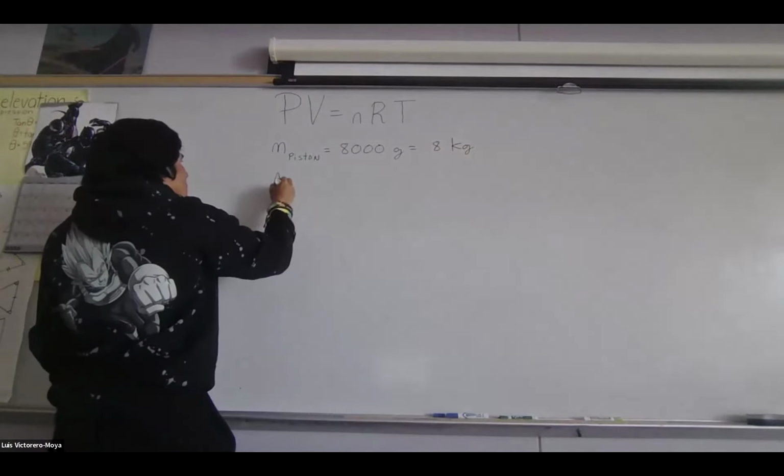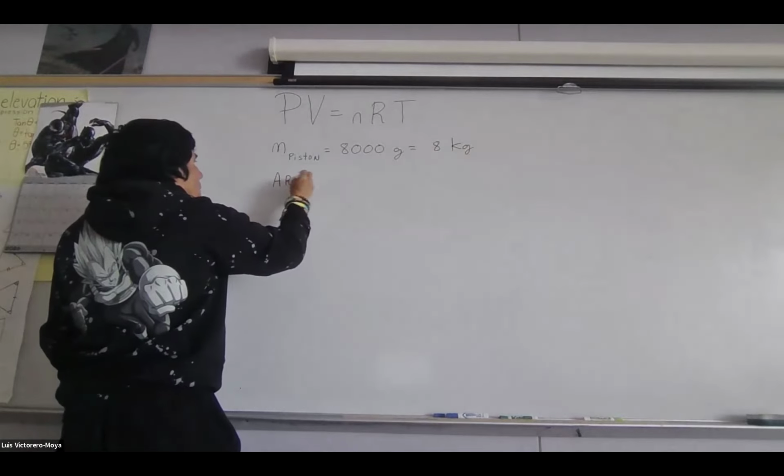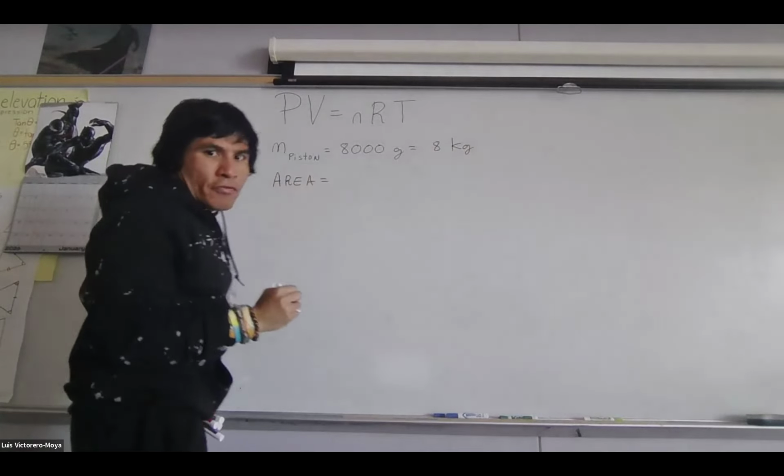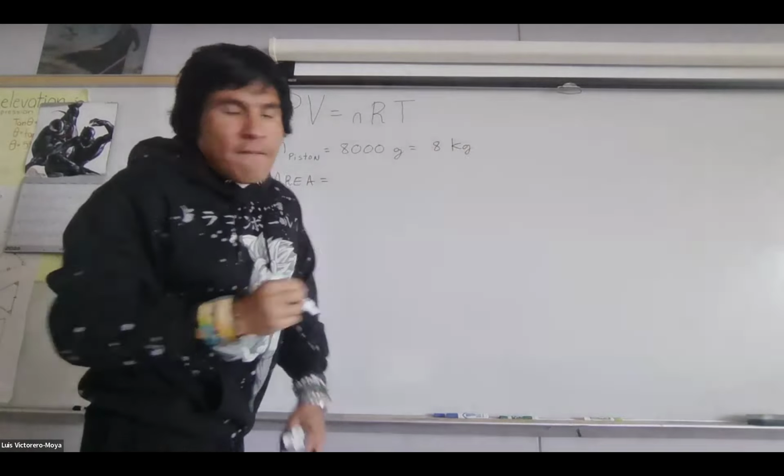And the area is 5 centimeter square, sorry. To change area from centimeter square to meter square, it is not 0.05. It is 5 times 10 to the negative 4 meter square. You have to divide by 100 twice. Okay?